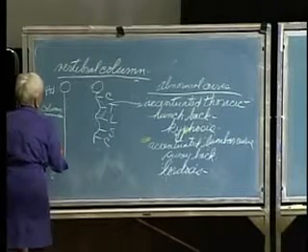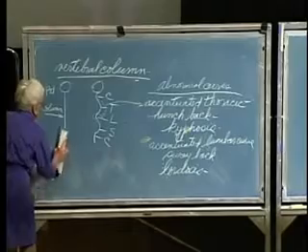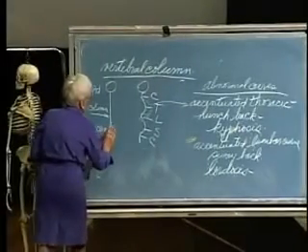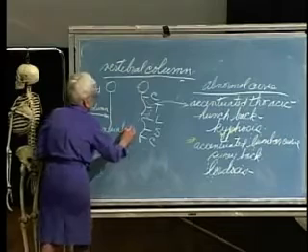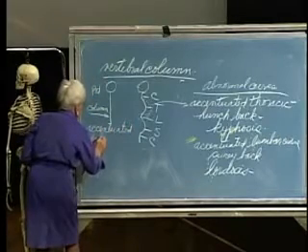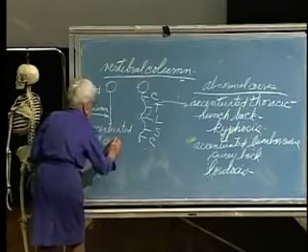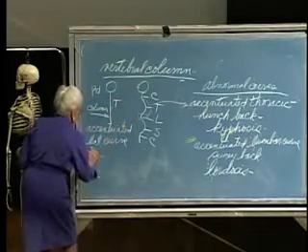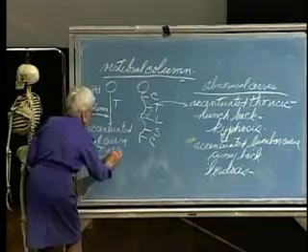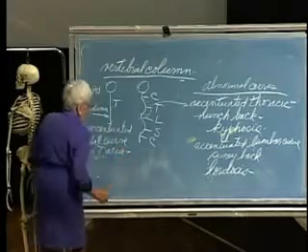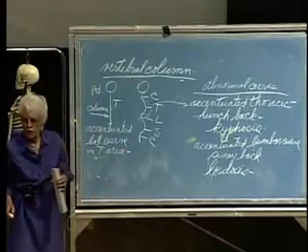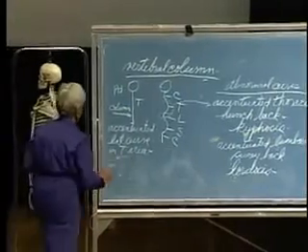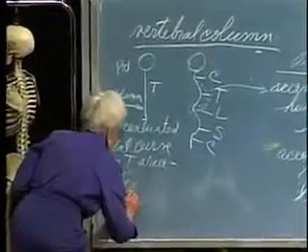So it's an accentuated lateral curve, and it's usually in the thoracic area. Does anybody know what it's called? Scoliosis. A lot of you know that one.